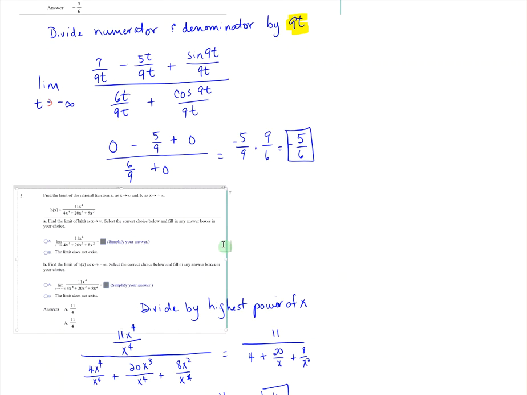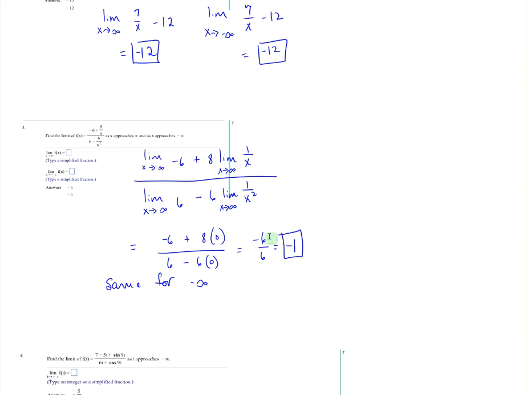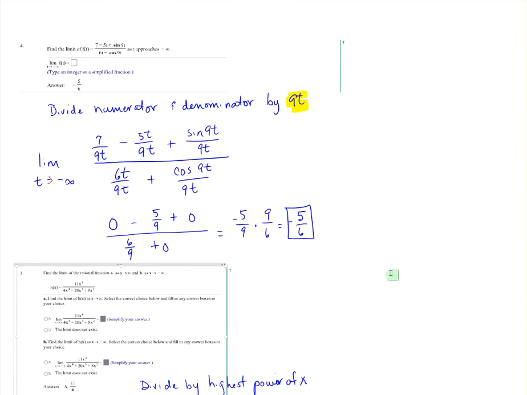Number 4. Whoops, went too far. There we go. Find the limit of this trig function as t approaches negative infinity. All right. So we do need to divide the numerator and the denominator by the argument that is in the bottom, the argument for sine or cosine.